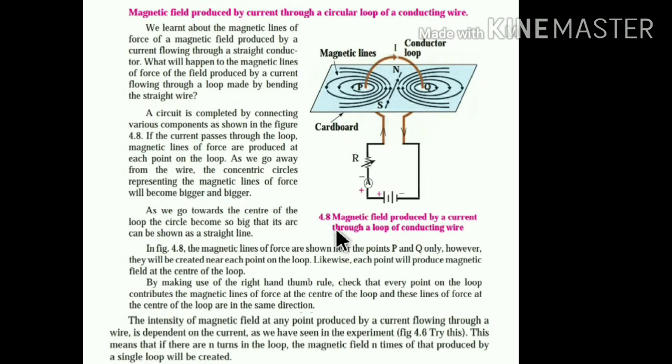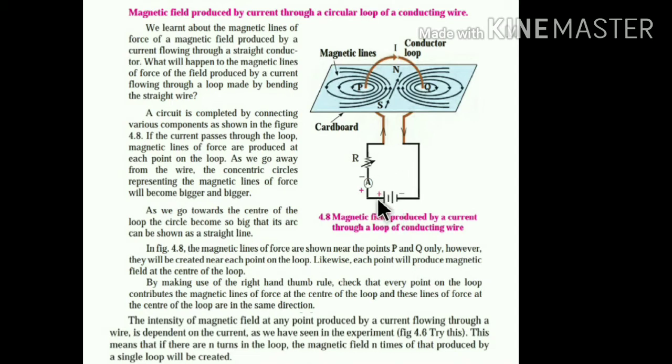To study the magnetic field produced by current through a loop of conducting wire, there is an activity. For this activity we need cardboard. This is cardboard, and on this cardboard there are two holes, P and Q. This is a circular loop of copper wire, and a circuit is connected to the ends of this copper wire.